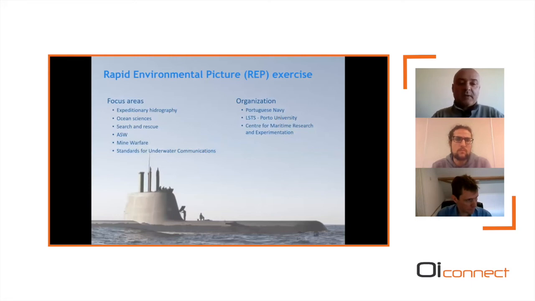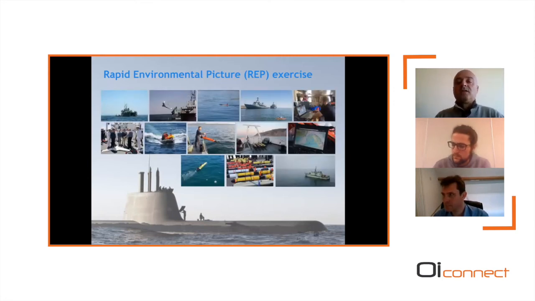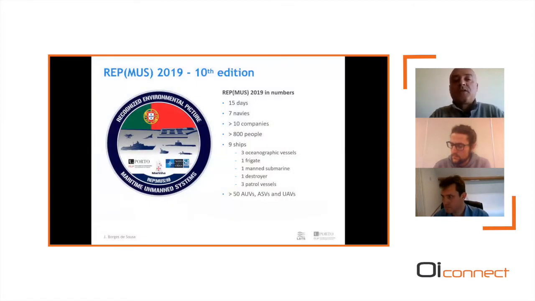Then again, talking about operations, something that is very important is we've been organizing the Rapid Environmental Picture exercise in cooperation with the Portuguese Navy and CMRE since 2010. There are several focus areas, and this is an invitation-only exercise. Some pictures: as you see, it's quite diverse, and some figures from the 2019 edition.